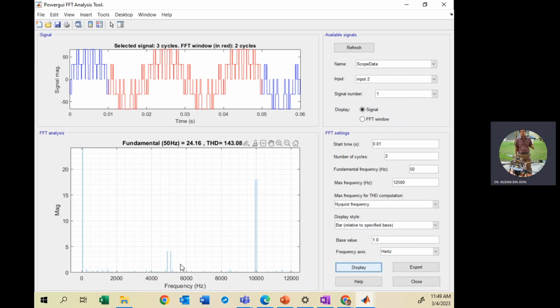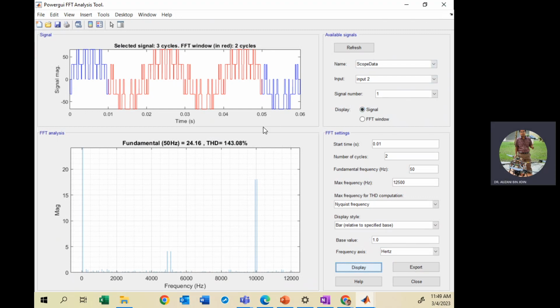This is why in practice we prefer to set a higher inverter switching frequency in order to minimize the size of the filter. Normally we set at 10K or 50K, so then we can greatly minimize the filter size.